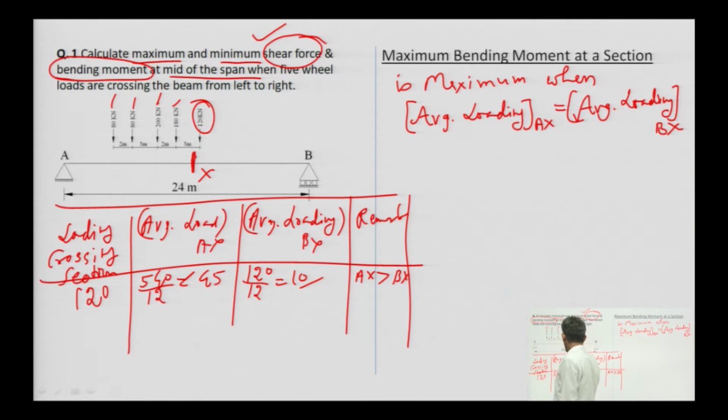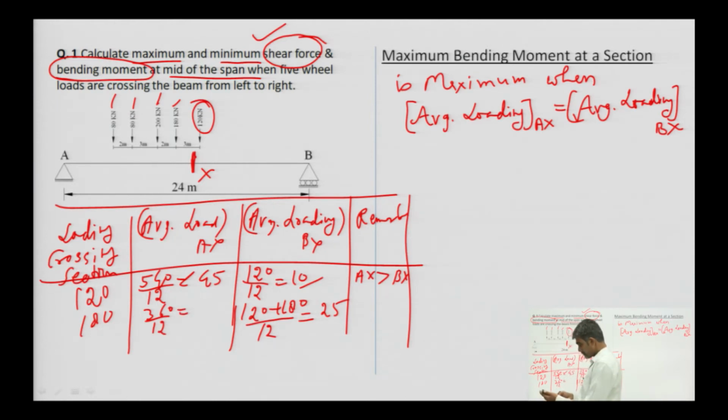After 120 kilonewton, the 180 kilonewton load will be crossing. So, the load present in XB will be 120 plus 180 divided by 12, which is 25, and in AX the load will be 540 minus 180, which is 360, divided by 12, and this value is 30.